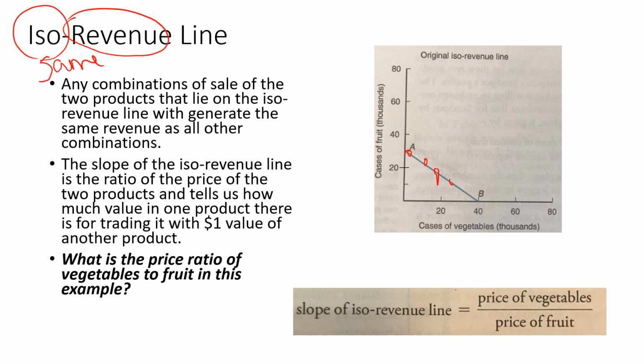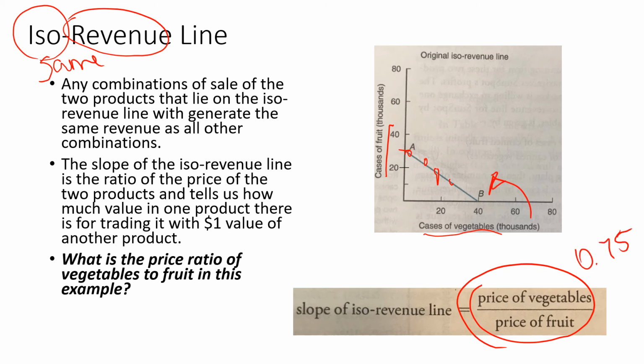All of these combinations of cases of fruit and cases of vegetables will bring in the same amount of revenue. The slope of the ISO revenue line is the same as the ratio we were talking about, the price of vegetables divided by the price of fruit, which is that 0.75. So that's the same as that slope.